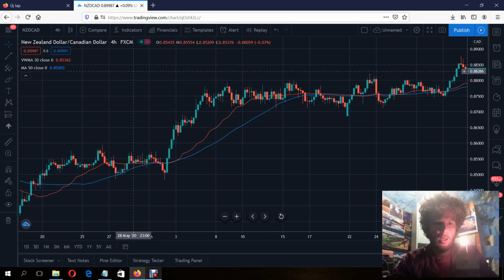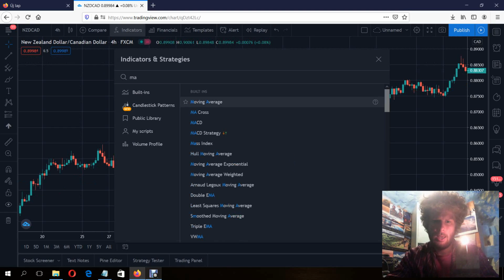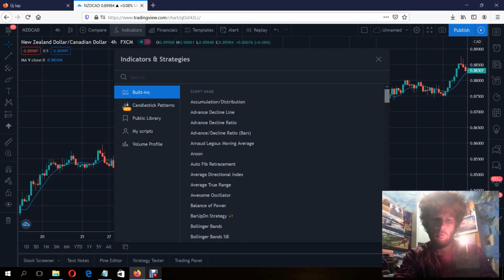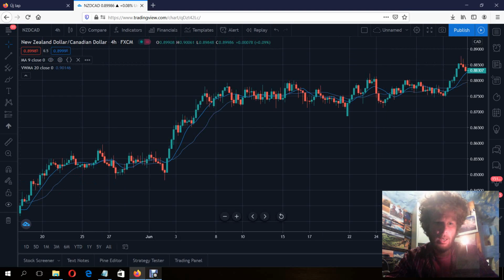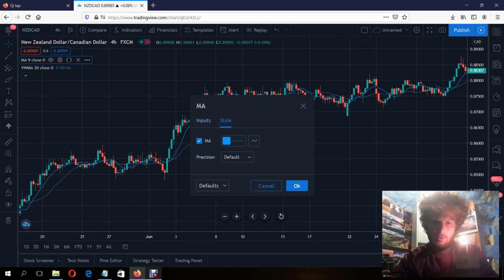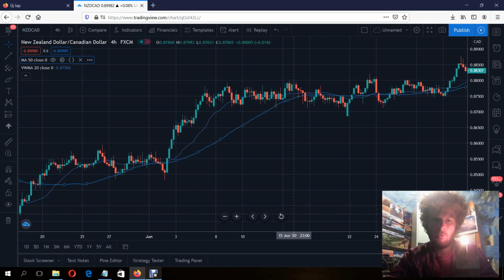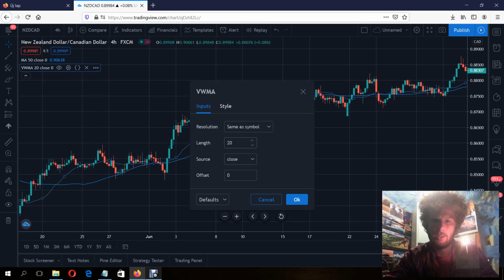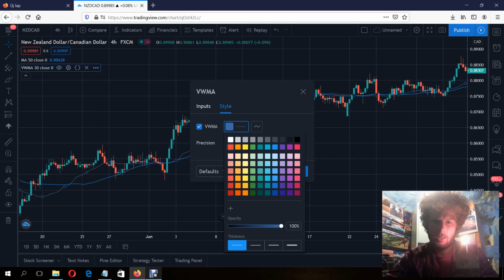What you should do is open the simple moving average and open one volume weighted moving average. This is a built-in indicator in TradingView, and this strategy uses a 50 period simple moving average and a 30 period volume weighted moving average, and this will be red so we can see.